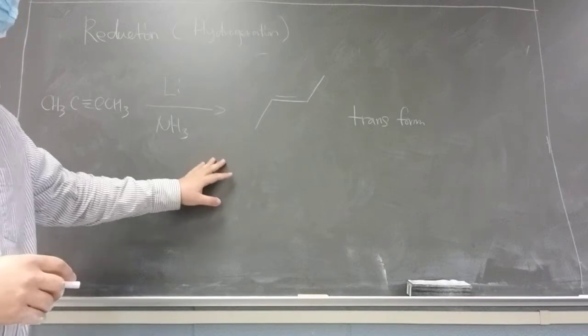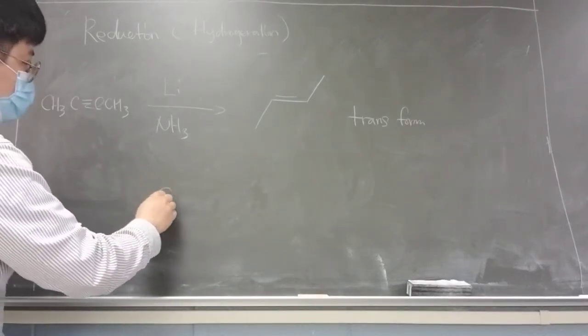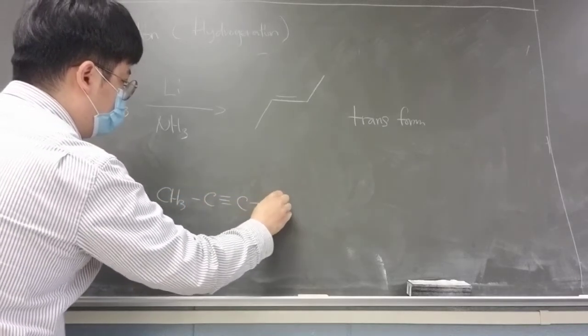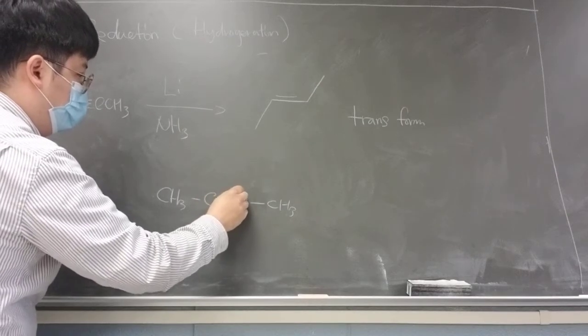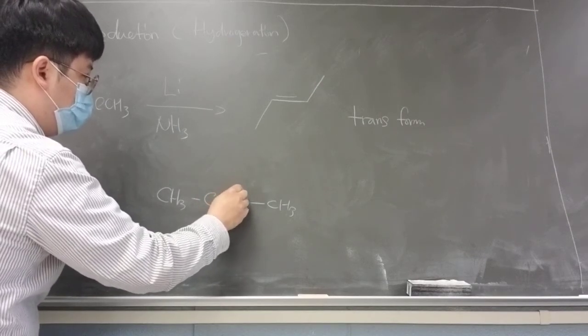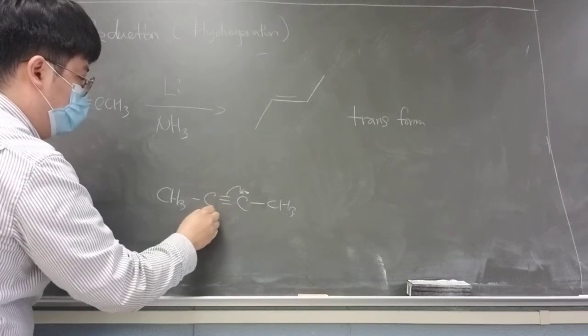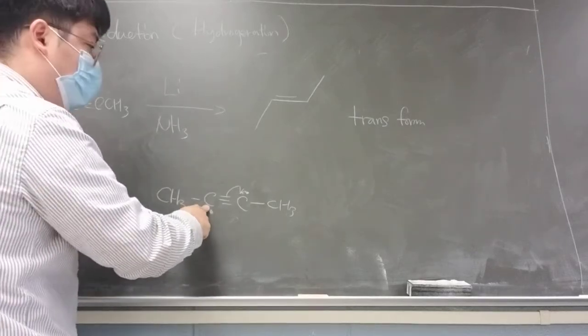Okay, so this is all you need to know. I'm just going to briefly explain why it makes trans. Whenever you have this one, it goes to this one, and there's just one electron on this carbon right there.